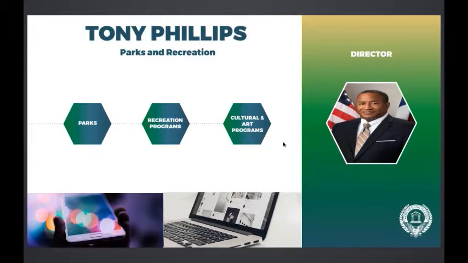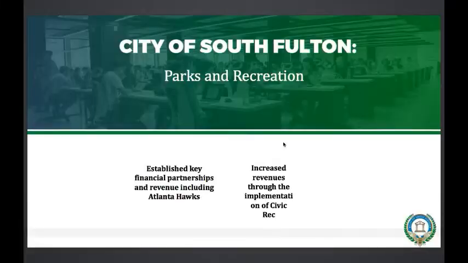Also, it hosts cultural and arts programs, as well as a variety of other activities and programs that allow individuals to become active, thereby increasing their health, such as Zumba, aerobics, swimming, line dancing, and other activities, as well as those for youth. We have summer camp as well as after school programming to provide academic tutoring and STEM programming. So we're excited about the Parks and Rec department and what it allows for the community to be able to engage.